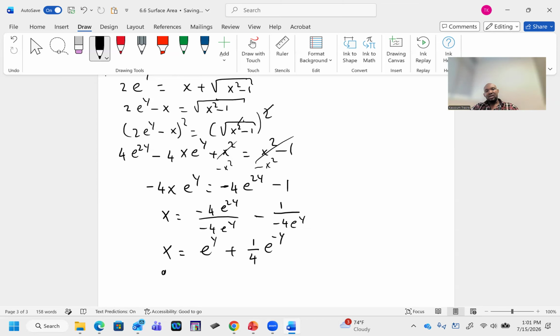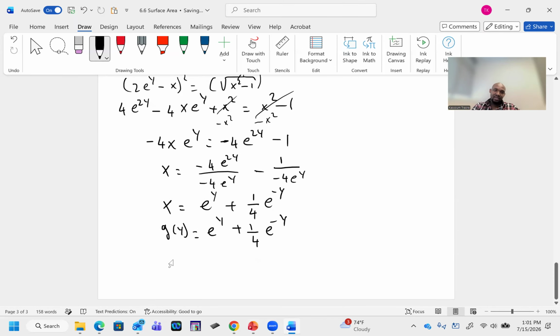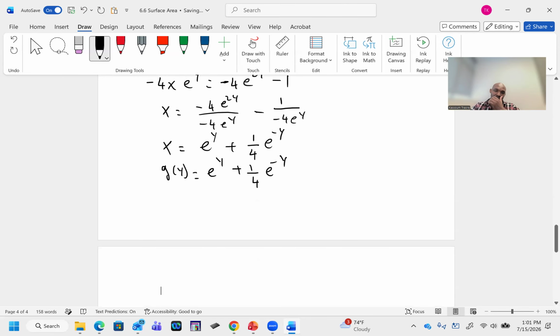So my g of y will be e to the power of y plus 1 over 4 e to the power of negative y. Now that we have g of y, we can go ahead and find g prime of y.